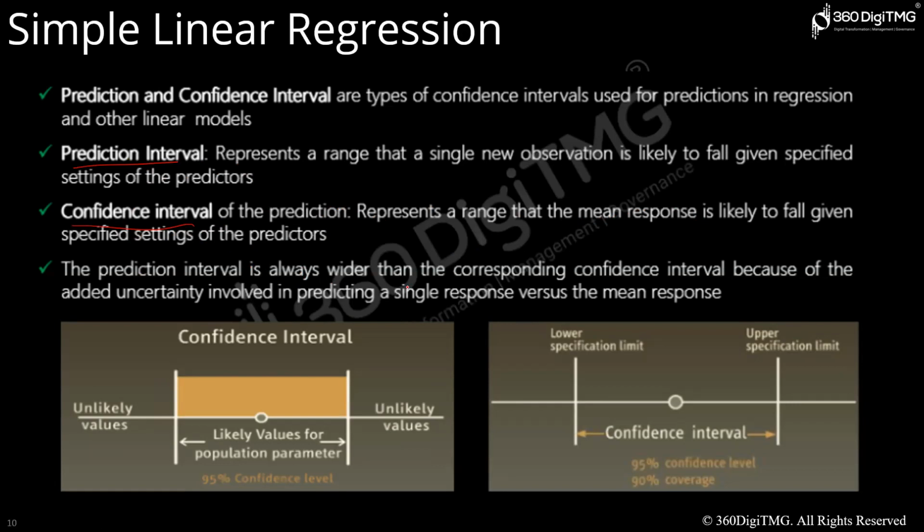So the prediction interval is always wider than the corresponding confidence interval because of the added uncertainty involved in predicting a single response versus a mean response.